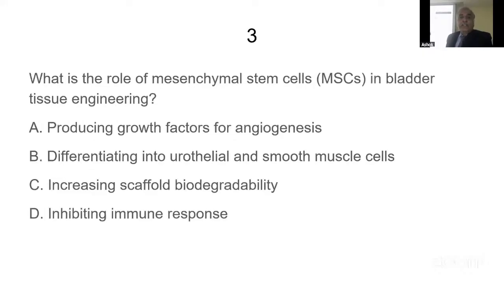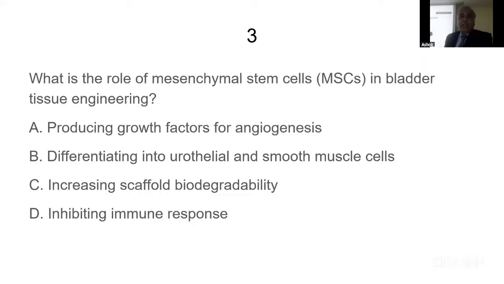What is the role of mesenchymal stem cells in bladder tissue engineering? Producing growth factors for angiogenesis, differentiating into urothelial and smooth muscle cells, increasing scaffold biodegradability, and inhibiting immune response. Differentiating into urothelial and smooth muscle cells. So, as you know, stem cells have the property by which various agents, chemicals, cytokines, and growth factors, we can actually put them into a certain lineage and make them develop into a particular tissue that we want.